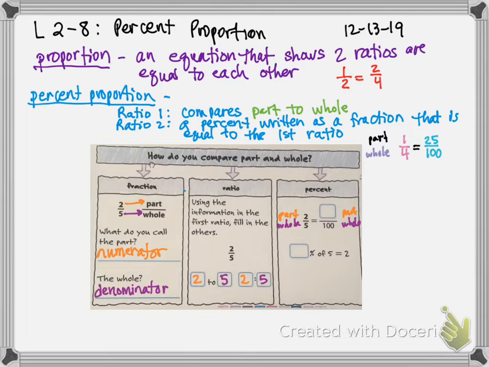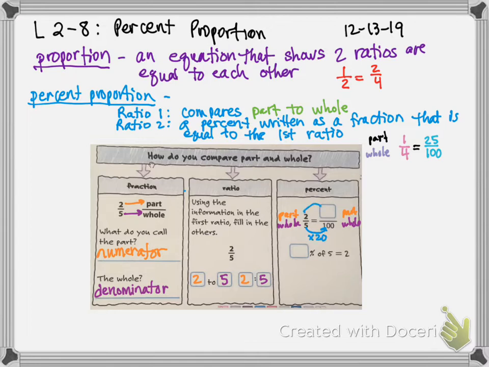Okay, so what we can do is try to scale up or scale back to get from one ratio to the next. The only place that I have 2 numbers is in the denominator. So I'm trying to think, what can I do to 5 to make it 100? That's right, I can multiply it by 20.